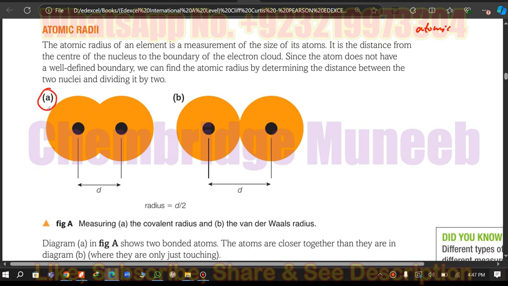This A type represents the atoms which are covalently bonded with each other, and B type represents the elements which are showing metallic bonding. Here you find metallic bonding, and in A type you see the covalent bonding.